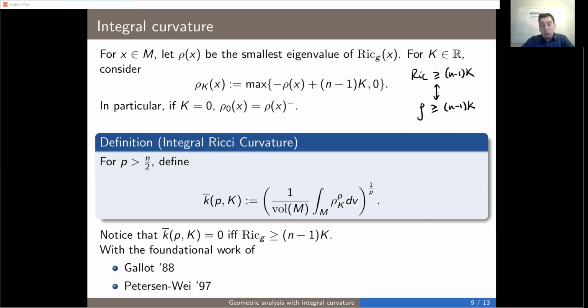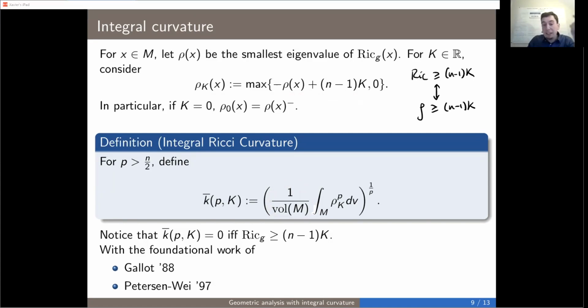Okay. So once you have this function here, we can continue. We can define the following quantity, which is just you can take the LP norm or the average LP norm. Here I'm taking the average LP norm of this function. This is going to be a number associated to your manifold, right?